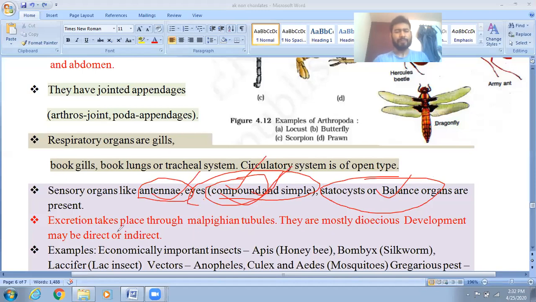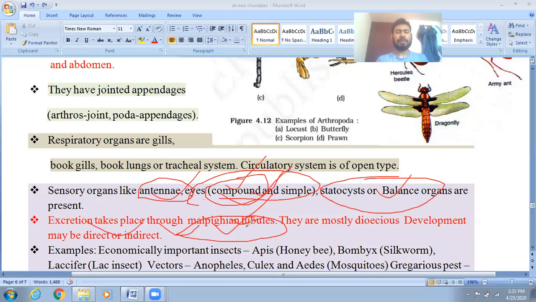Next, excretion. Excretion takes place through the Malpighian tubules. One important characteristic feature of the Malpighian tubules is that they are found in the cockroach, and they are directly attached to the digestive system.